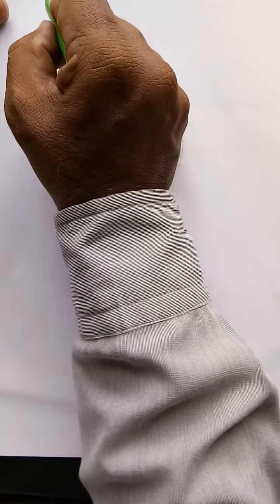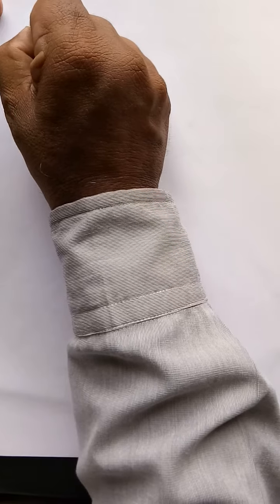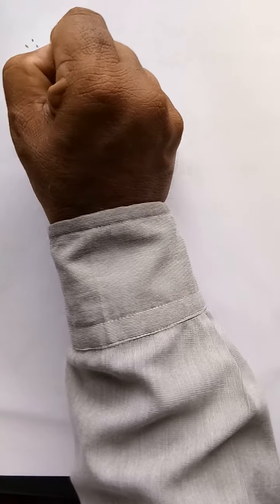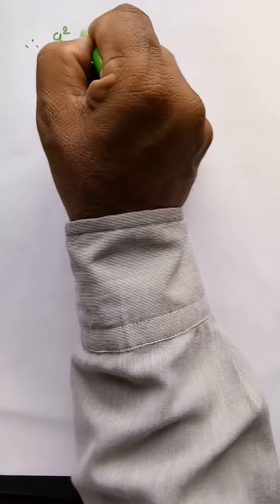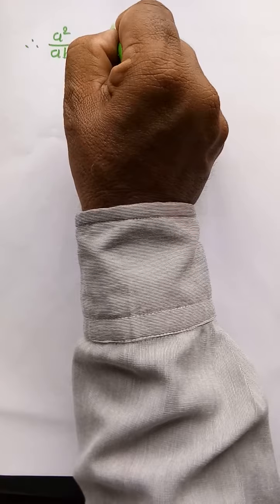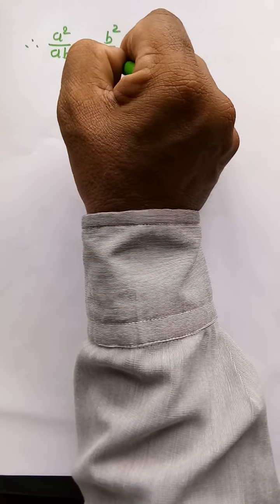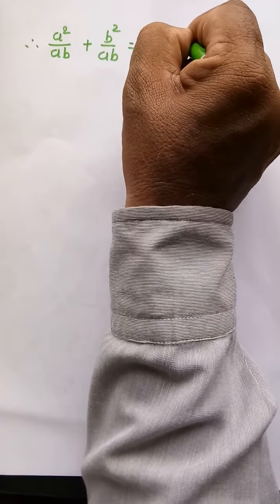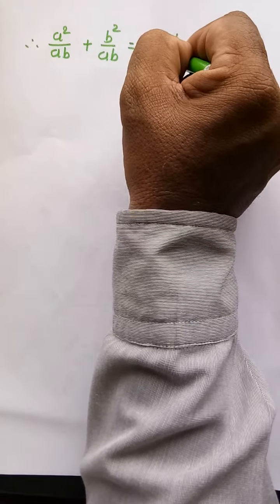Now second result. Now divide both sides by ab. So a square by ab plus b square by ab is equal to 11ab by ab.